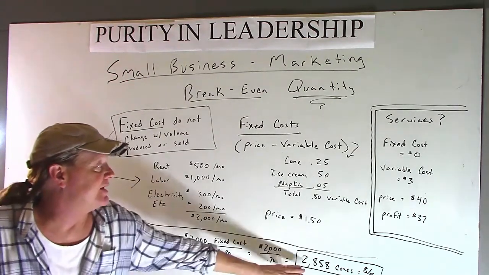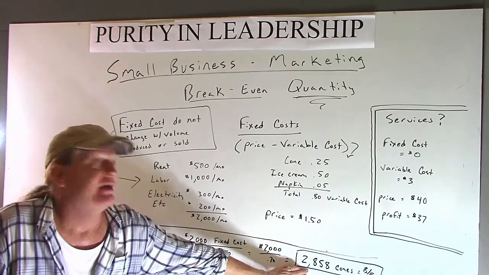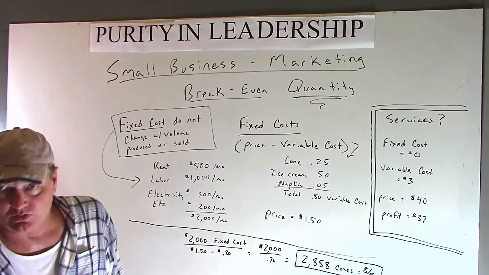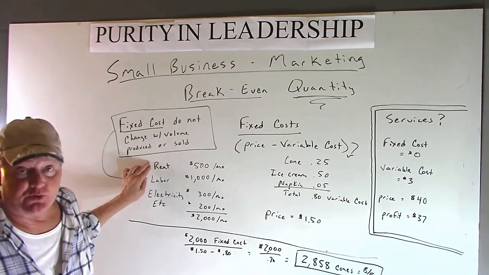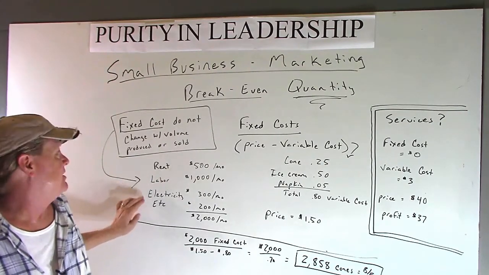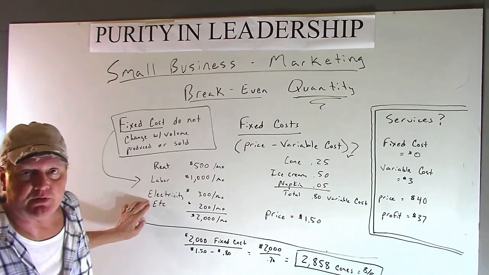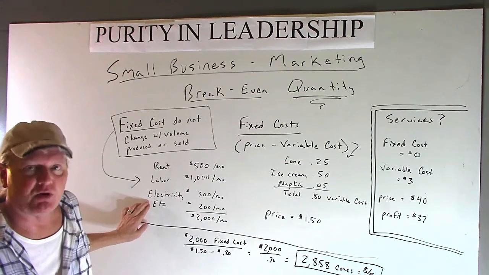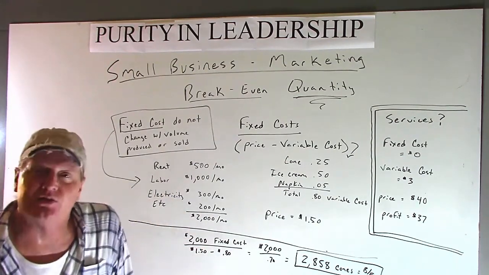Now, if you divide that by, say, you're open 28 days a month, it means you'd have to sell about 100 ice cream cones to cover your rent, your labor, your electricity, and some kind of upkeep of the building. The grounds, maybe. Cleaning up the parking lot. So that is a real eye-opener.